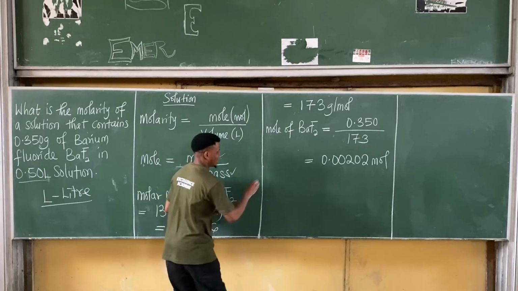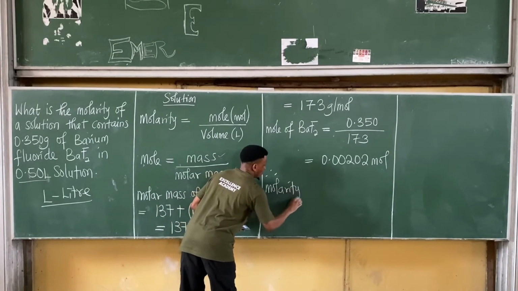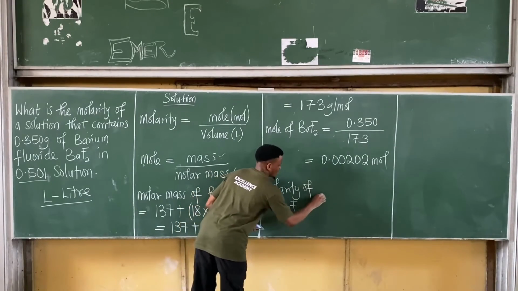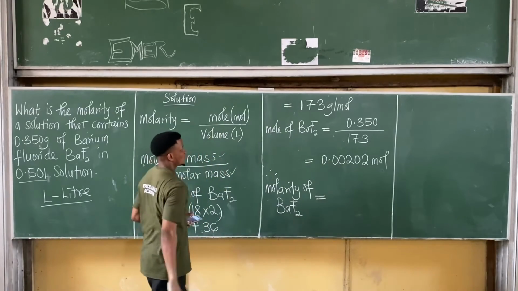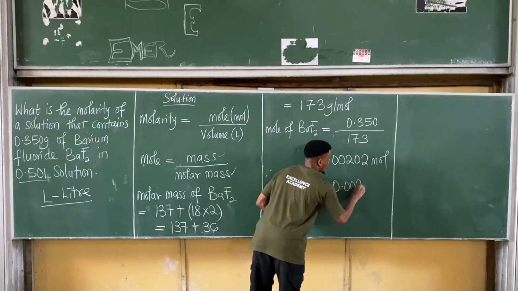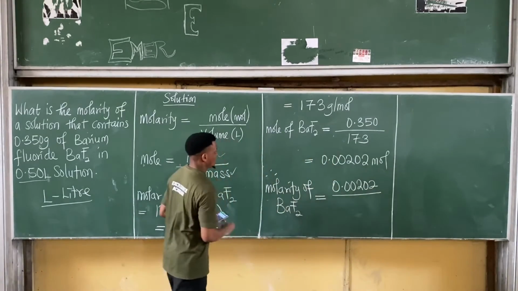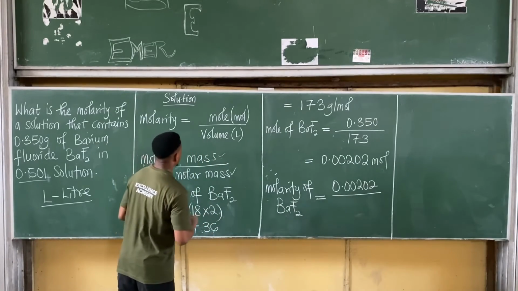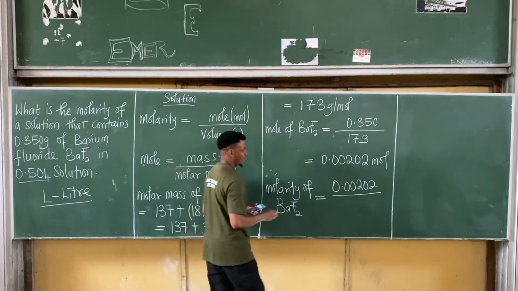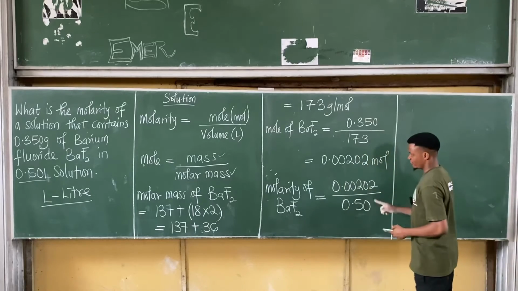So we can now say the molarity of barium fluoride is equal to the mole, which we just calculated as 0.00202, all over the volume, which is here as 0.50. So mole over volume.